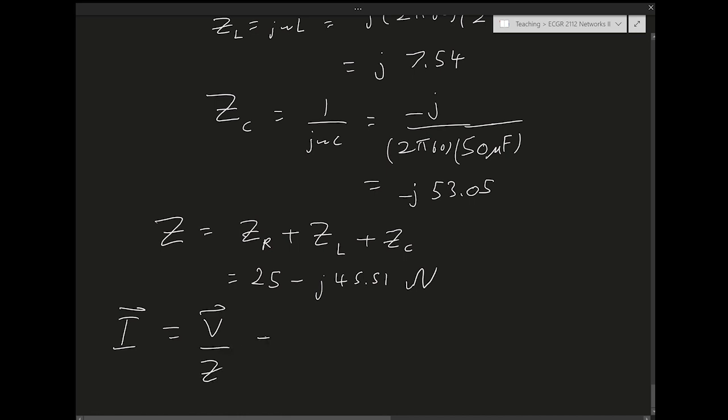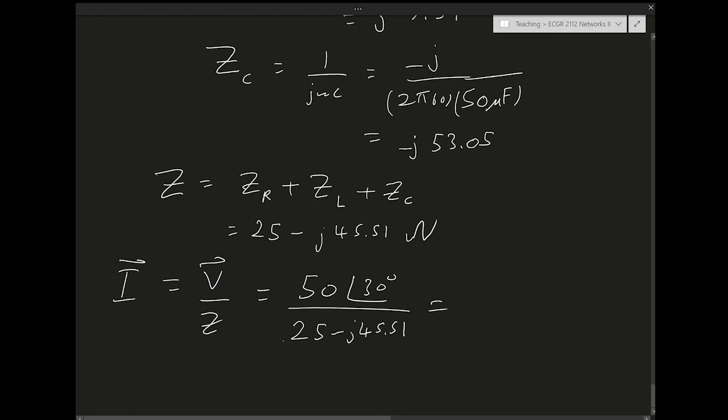If we wanted to calculate the current, as a phasor it's just V over Z, which is 50 at 30 degrees over 25 minus j 45.51. We don't want to do this calculation directly, so we turn the denominator into polar form to facilitate division.